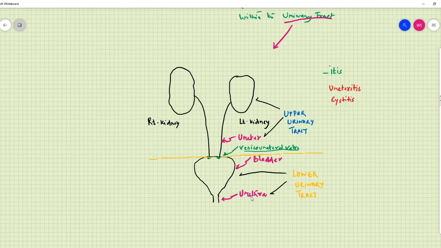And of the urethra, it is urethritis. And in the kidney, when the pelvis is involved, we call it pyelonephritis.